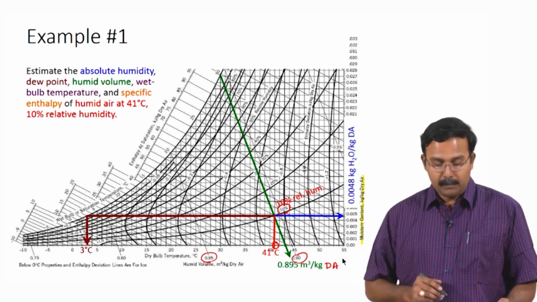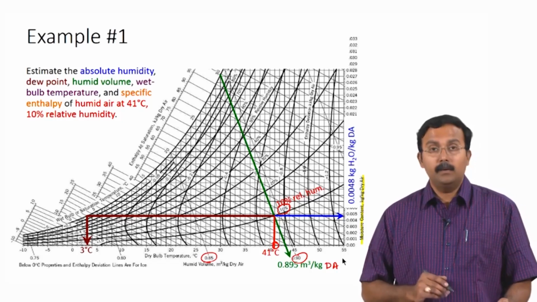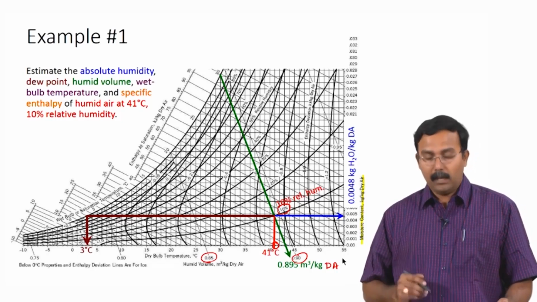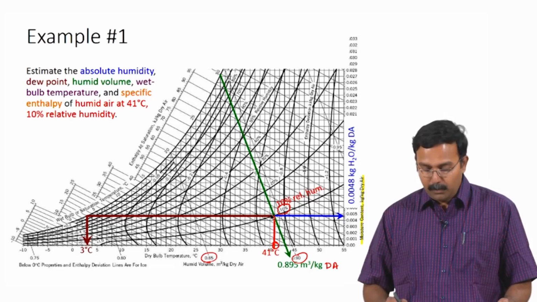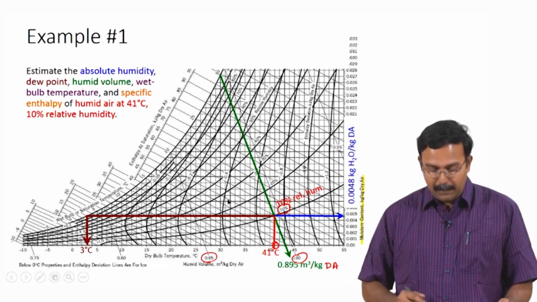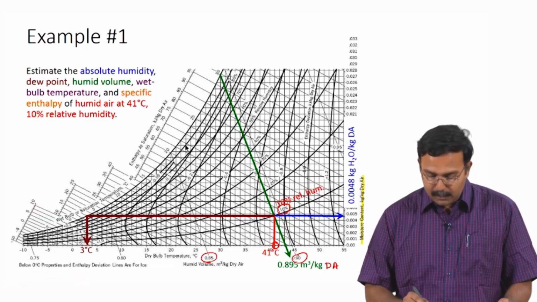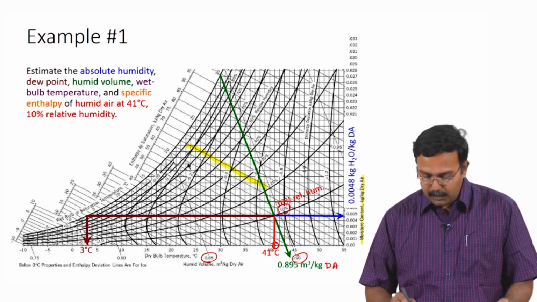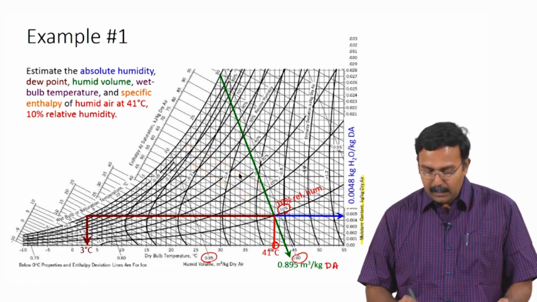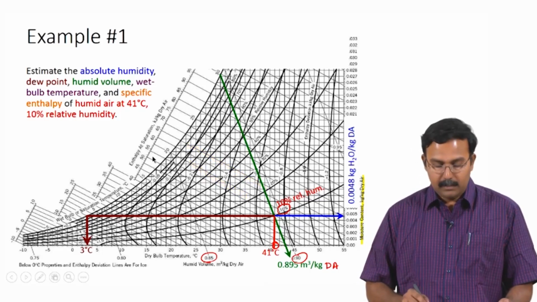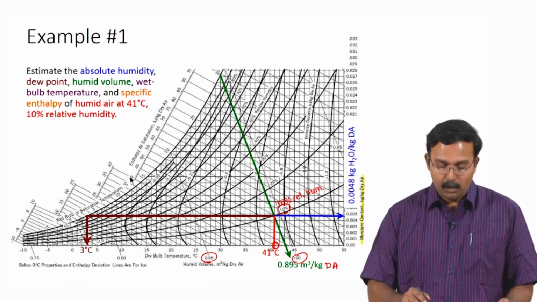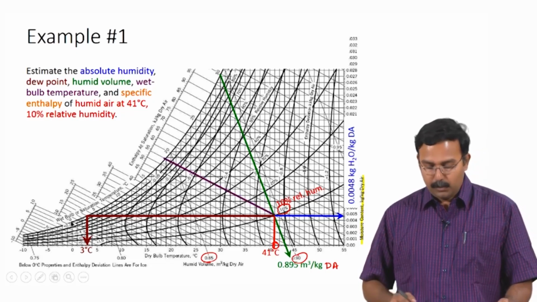Now, the next aspect we need to identify is the wet bulb temperature. For calculating the wet bulb temperature, again we have to draw a slanting line, parallel to these axes that are shown here. Going all the way to the saturation curve gives us the wet bulb temperature, which is what I have done here.